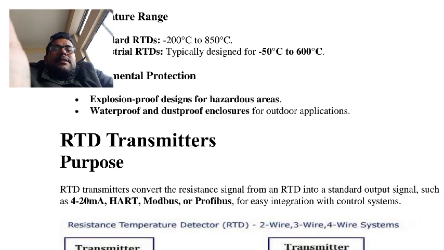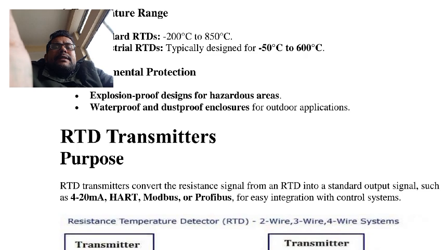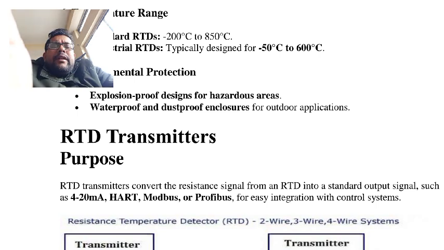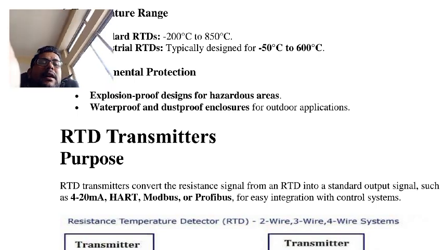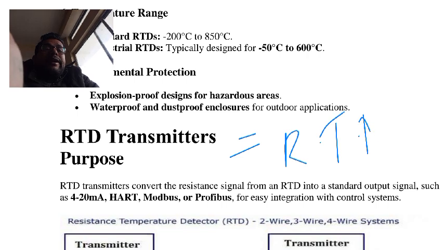Next our topic is the RTD transmitter. We have discussed the RTD. So why do we need an RTD transmitter? The first question was why we need an RTD; now, why do we need a transmitter with an RTD? An RTD transmitter means RTD plus transmitter.